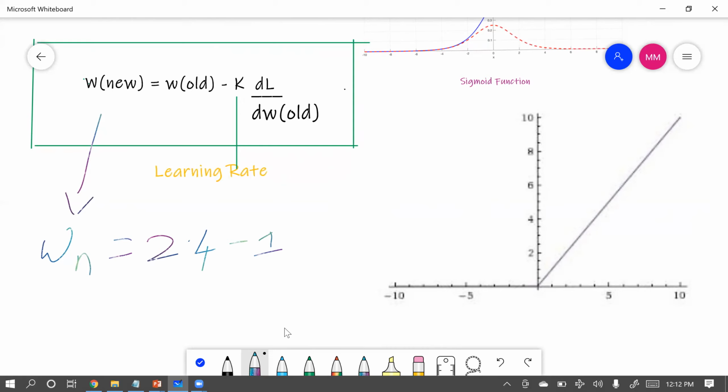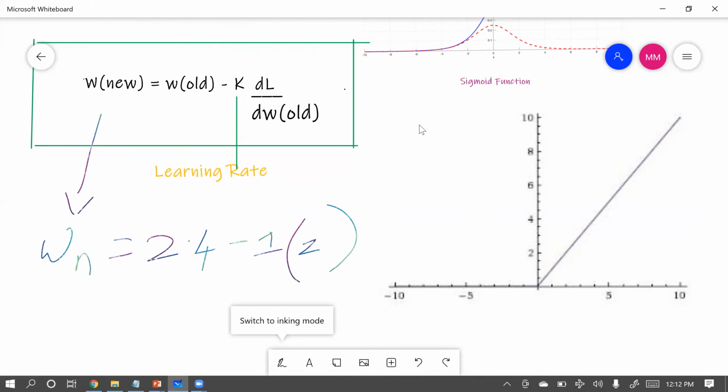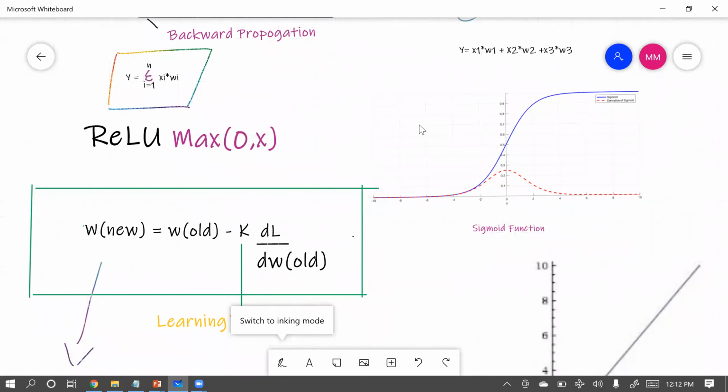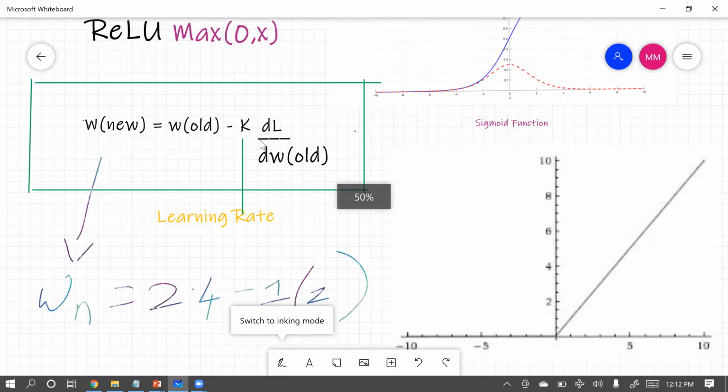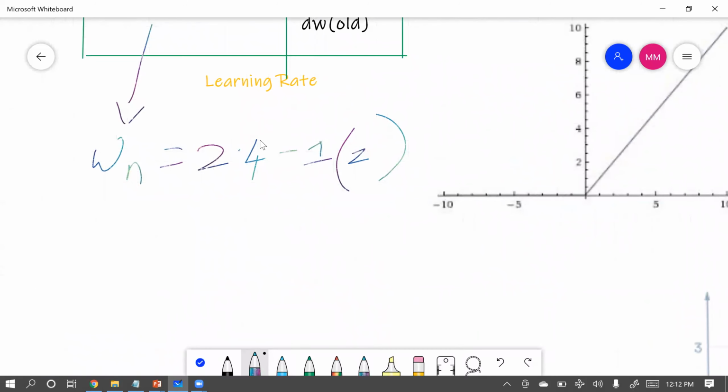And the derivative of the loss with respect to this parameter, this is our z, nothing but the value which we'll be calculating. When I told you about a function which is 0, let me show you that. Here we saw the minimum value is 0, maximum value is x.